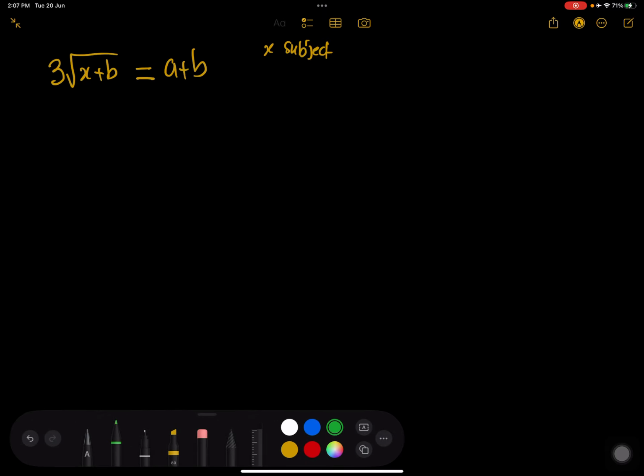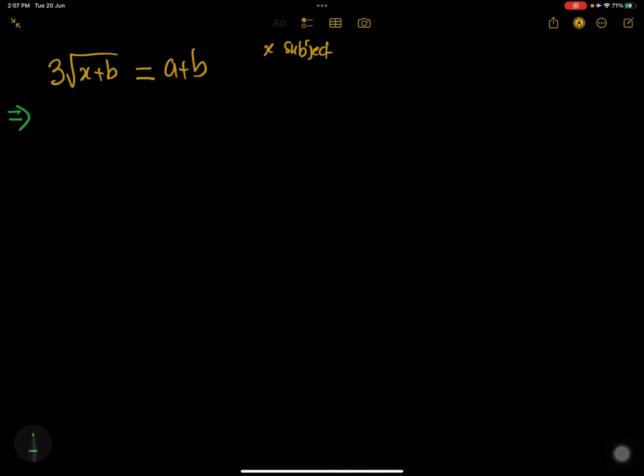So to start, we always start with the implied sign, because we already have an equal to sign in the problem. Since X is on the left-hand side, the first thing is to divide each side by 3, so we can eliminate the 3. We want the X to stand alone. So we have 3 square root of X plus B equals A plus B. We divide each side by 3.